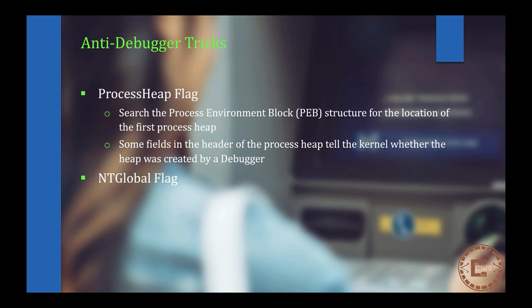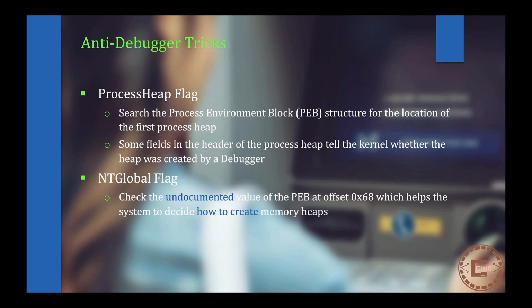NtGlobalFlag. That's another pretty cool one, also used back in the day. It used to be undocumented, and it checks the undocumented value of the PEB at offset 68 hexadecimal, which helps the system decide how to create memory heaps.